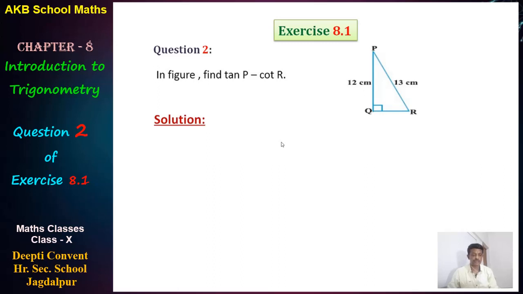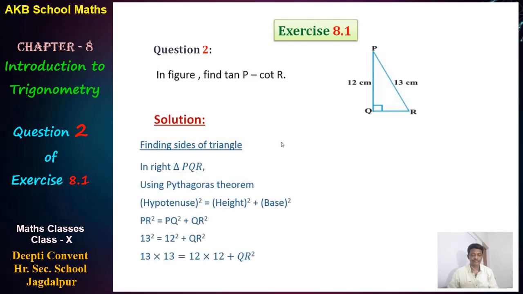Solution, finding sides of the triangle. In triangle PQR, using the Pythagoras theorem, hypotenuse square equals height square plus base square, height means perpendicular. So PR square equals PQ square plus QR square. QR is not given, and now this is 13, this is 12. So using this, solve it.